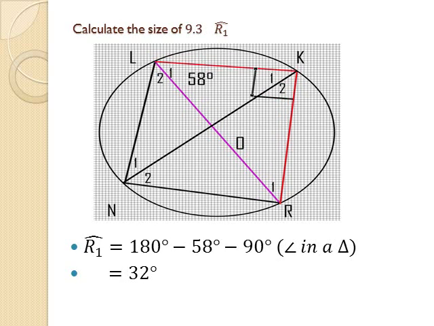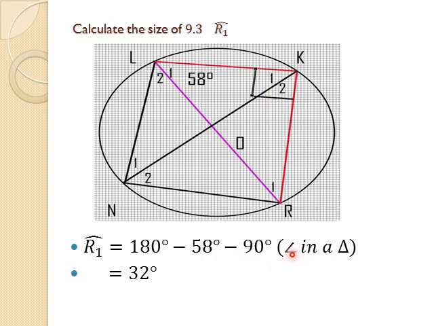Let's look at this problem. Calculate the size of 9.3, R1. So now I want R1. I assume you can see now I have a right-angled triangle. Sorry, my line didn't come out perfectly straight, but 90 degrees. So I can say now in a triangle, the three angles must always add up to 180. So R1 here would equal 180 degrees minus the 58 minus the 90 degrees.